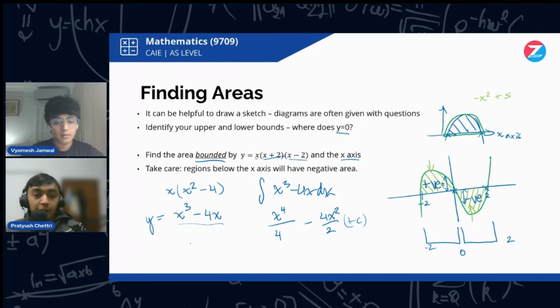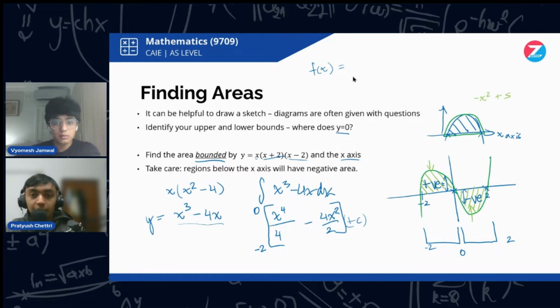And now what I want to do is try this from -2 to 0, and I'm going to do it again from 0 to 2. Or I could just, in this case, do one and double it, but I will do it fully. So let's do it from -2 to 0 first.